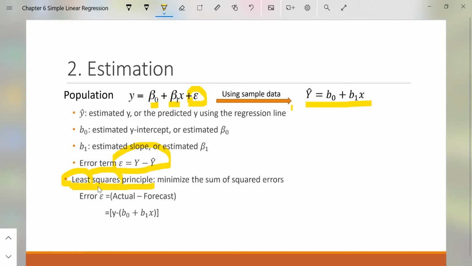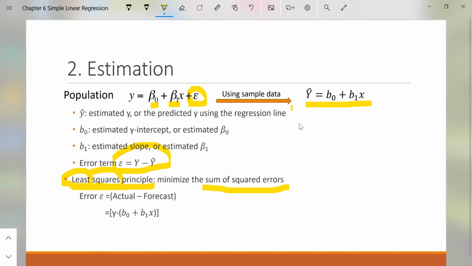Why do we need to square something? It turns out what we are trying to minimize is not just simply the forecast error, okay? It is actually the total of the squared errors, which means we obtain the error first, square them, and then add the squares up.